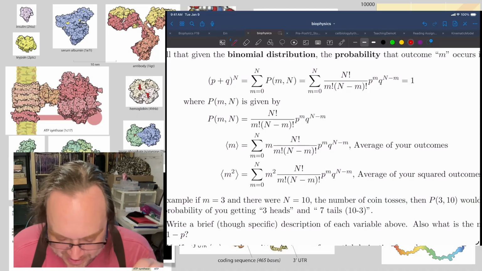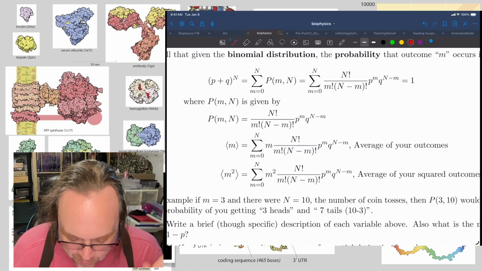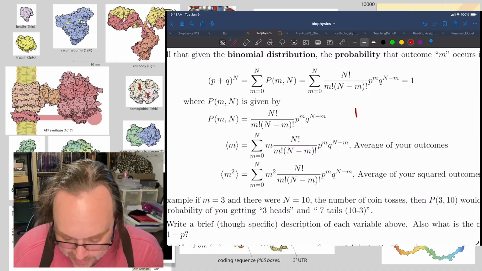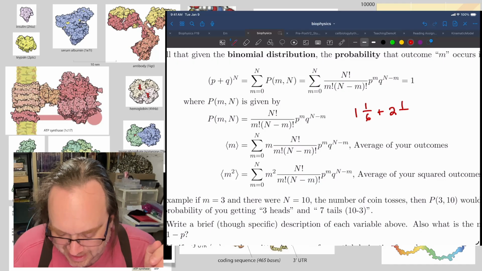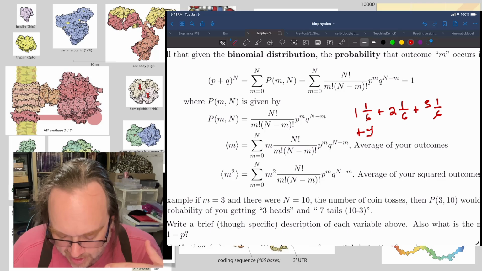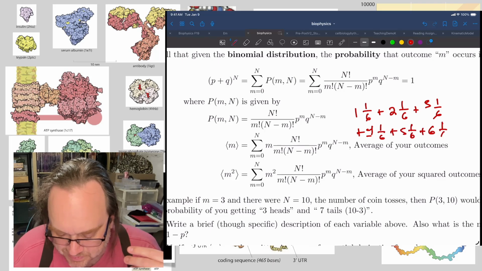You can imagine this very simply. If I have a six-sided die and I were to roll it, one of the results I could get is a 1. What's the likelihood of that happening? 1/6. Another outcome I could get is a 2. What's the likelihood of that happening? 1/6. Another outcome is 3, 1/6, plus 4 times 1/6, plus 5 times 1/6, plus 6 times 1/6.